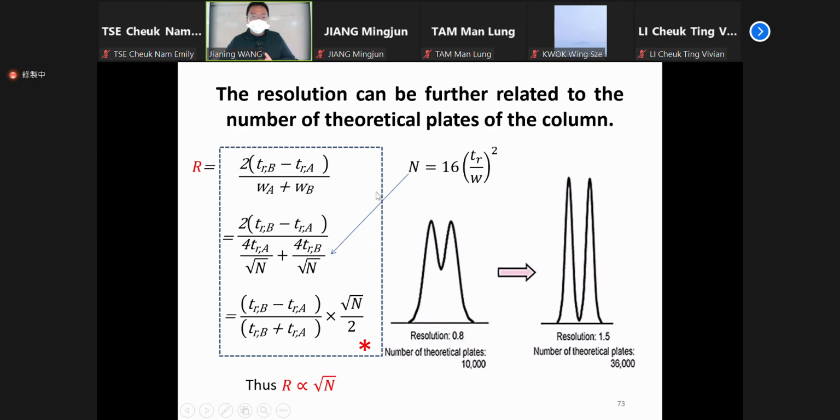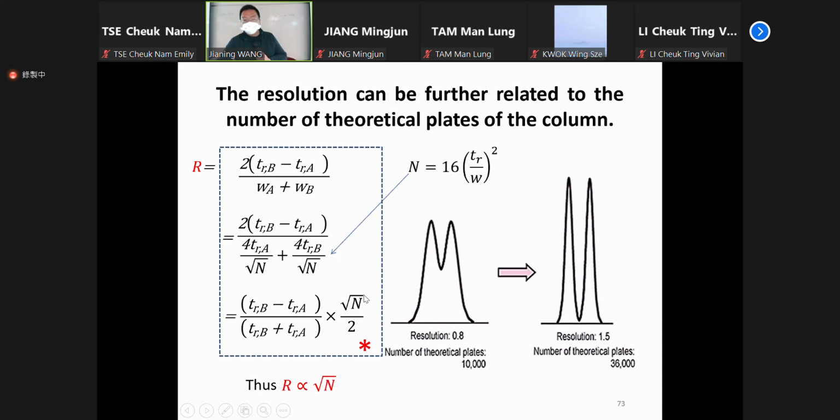If we substitute this equation into the formula, we can build another relationship. So we connect N and R together.